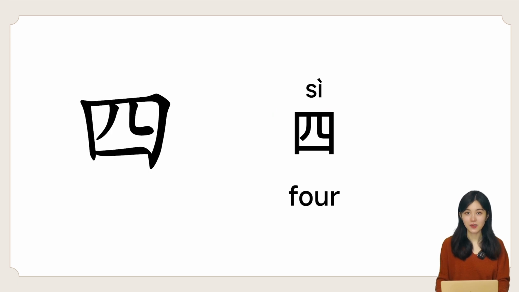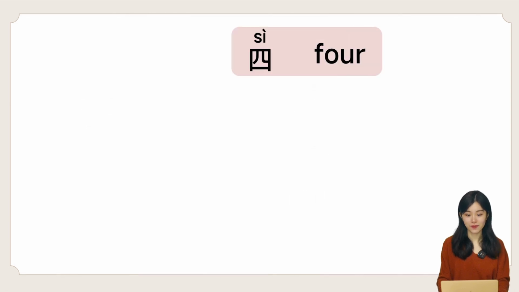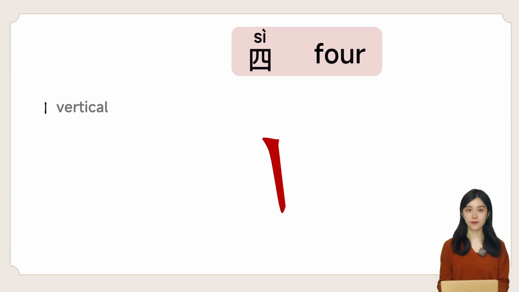Next example character. 四. 四 means 4. Please read it after me. 四. Let's see how to write it. We should write it from the outside to the inside and from the left to the right. So which stroke goes first? Yeah, this vertical stroke on the left.